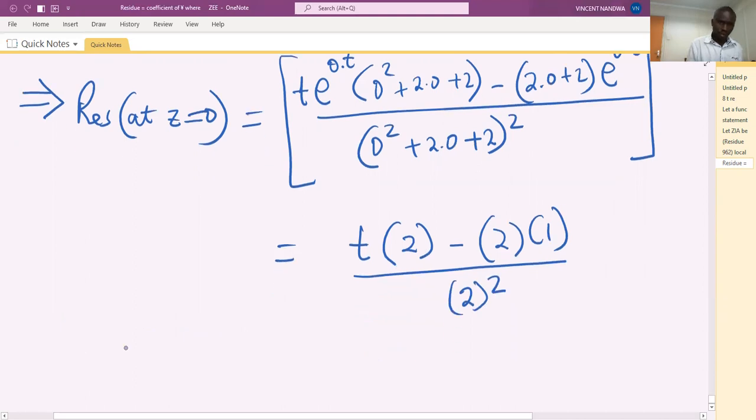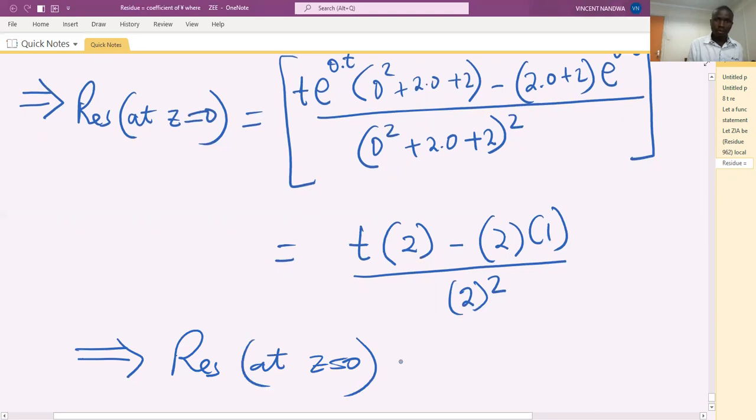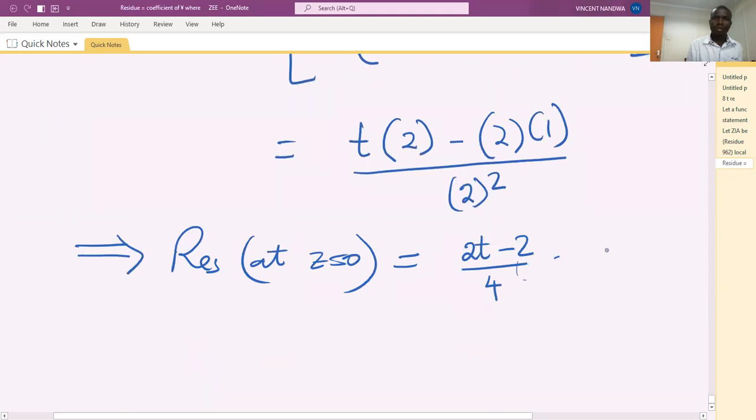So that means that residue at z equals 0 will be 2t minus 2 over 4, which is the same thing as t minus 1 over 2. So that is the residue at the point z equals 0.